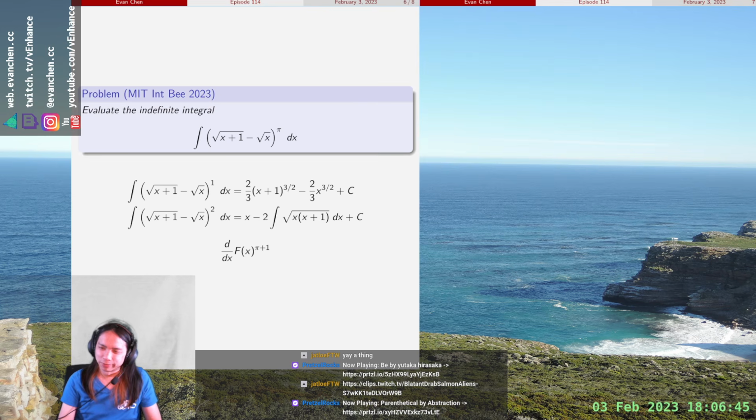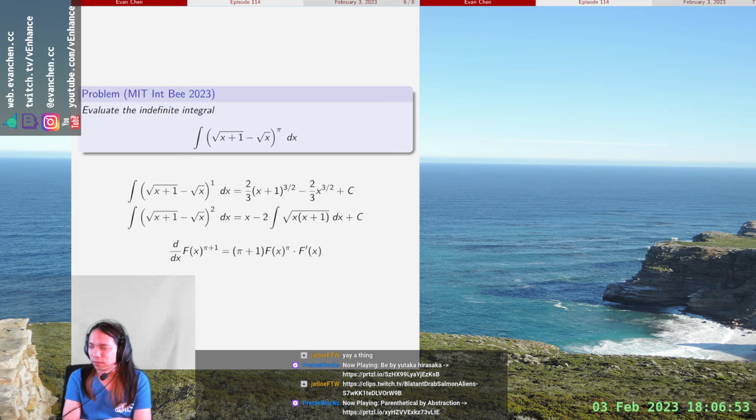Then this equals pi plus 1 times f of x to the pi times f prime of x. So that's fine. Does anyone know how to do u substitutions? Because I don't.